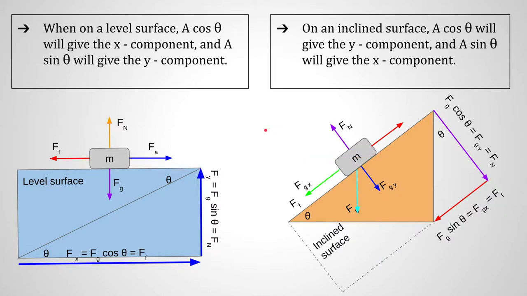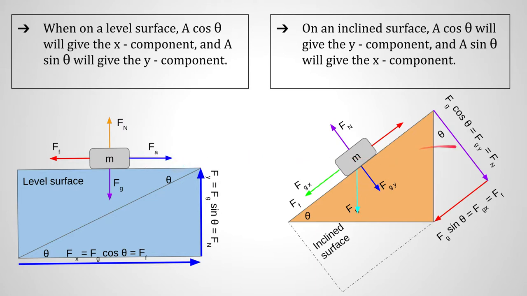Here's another way to look at it. When something is on a level surface, for whatever amount of force A, cosine of theta gives the x component and sine of theta gives the y component. If something's not being pulled at an angle, we don't have to worry about it.